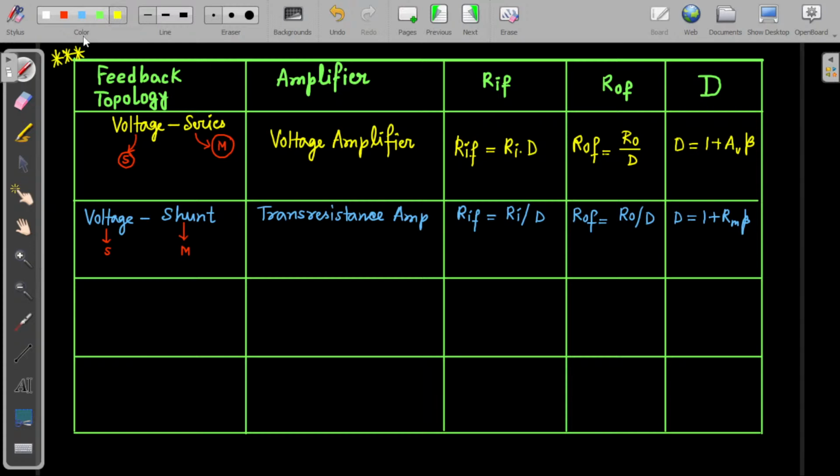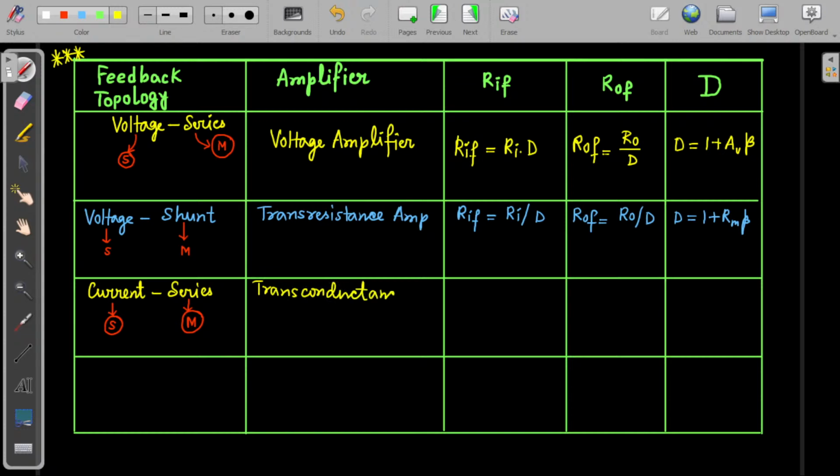Okay, now we will go for the next topology, that is the current series topology. सो करेंट सीरीज टोपोलॉजी में आपका जो करंट था वो आपको सैम्पलर के लिए हो रहा था, आपका जो सीरीज है वो आपका मिक्सचर के लिए हो रहा था, एंड जो एम्पलीफायर आपको इक्विवेलेंट आ रहे थे दैट वाज ट्रांसकंडक्टेंस एम्पलीफायर.